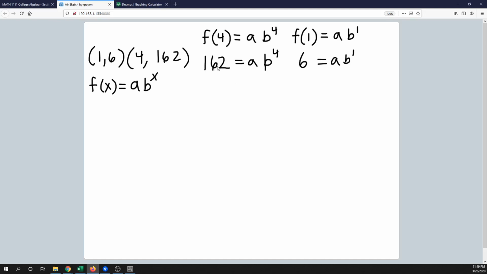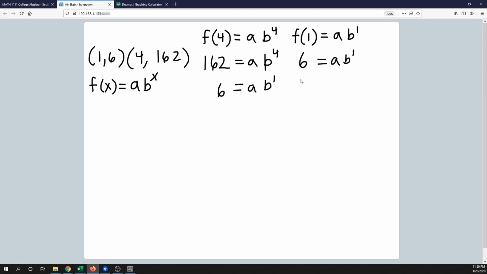So I'm going to take 162. Let me just move this one over here, it's easier. It's easier to think about the equation with the bigger exponent being on the top when you do this.